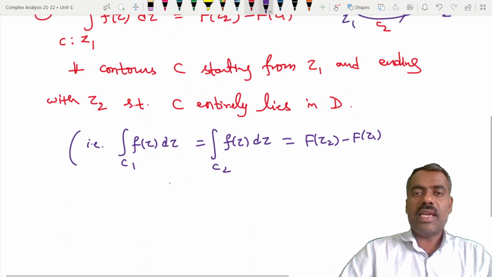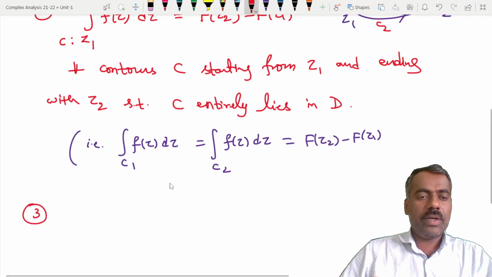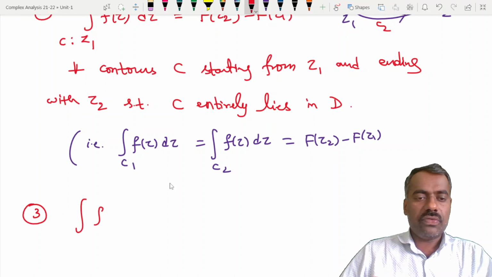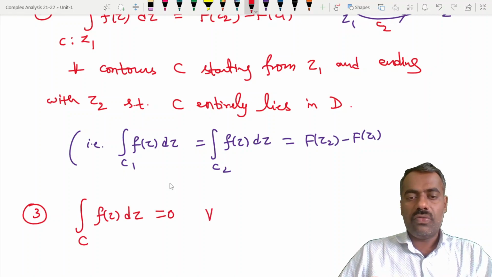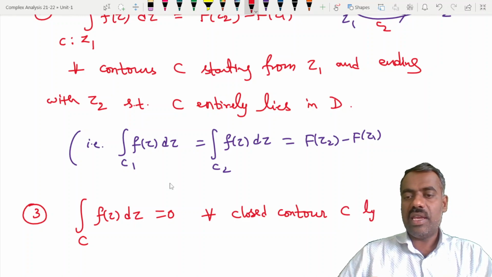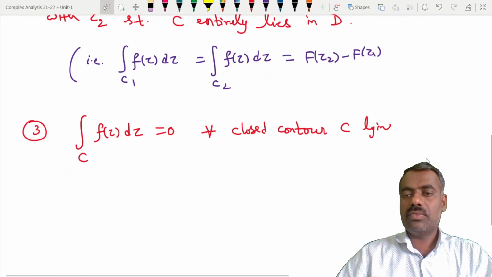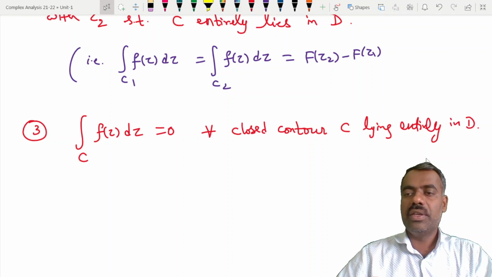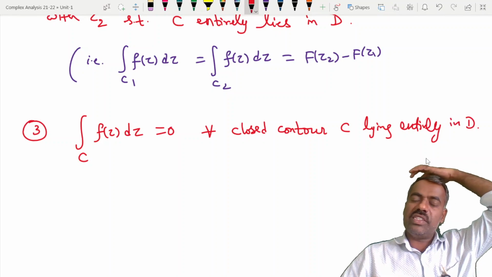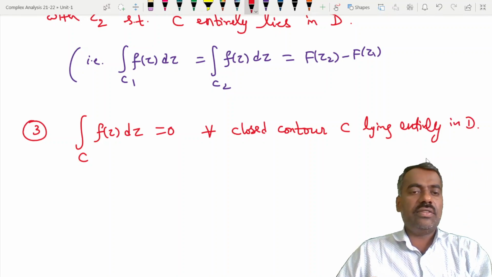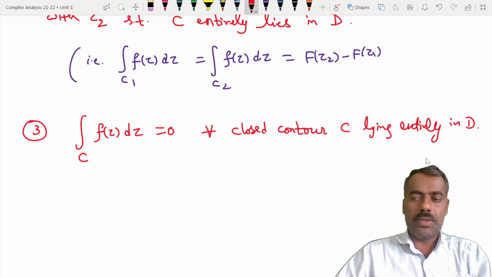Three: this antiderivative also has another property, which says that the integration of f of z dz over C is equal to 0 for all closed contours C lying entirely in D. So you take any closed contour which completely lies in D, and the integration of f of z dz over C is equal to 0.